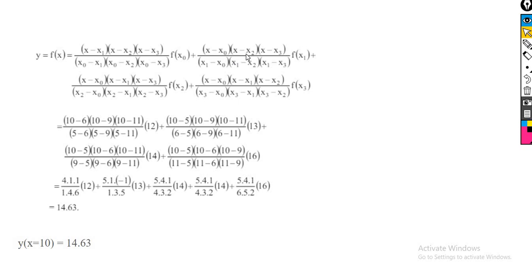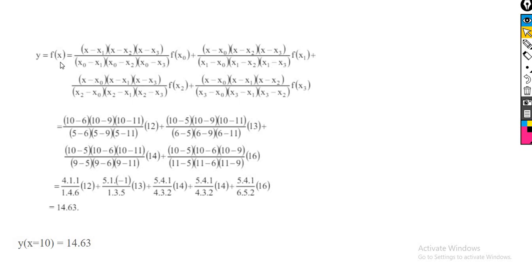C1 is x minus x0, x minus x2, x minus x3. Obviously x minus x1 is absent. This is over x1 minus x0, x1 minus x2, x1 minus x3, and the function at x1. Now we can write it for x is equal to x2 and x is equal to x3. So with C0, C1, C2, C3 we have your function.